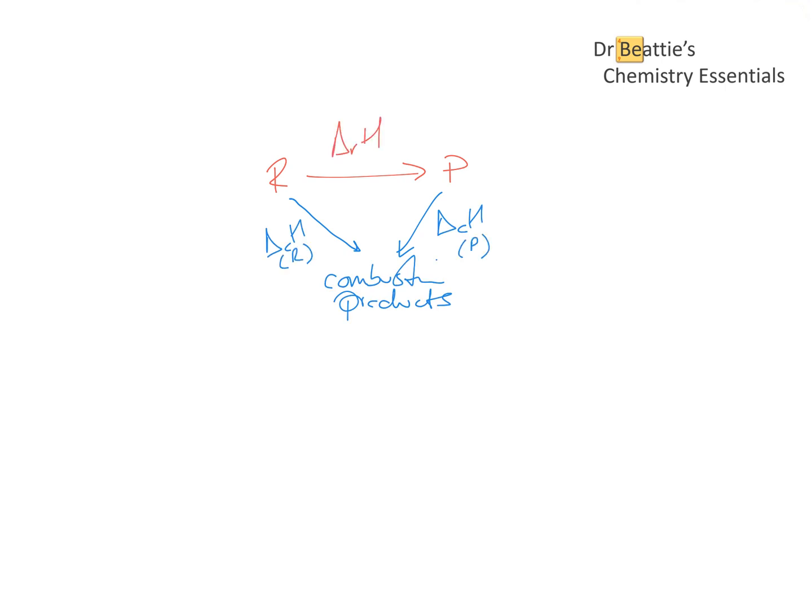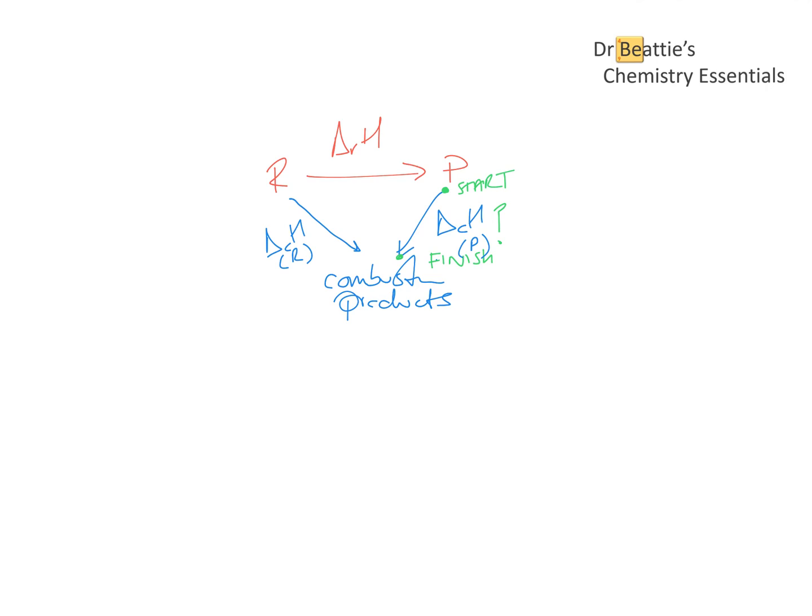And so with this constructed Hess's cycle for combustion, if we wanted to work out the delta CH for the product, so this was our question mark, then what we're trying to work out is starting at this point of the arrow. Remember, we will start at the end without a double-head, and finish at the double-head as the finish.